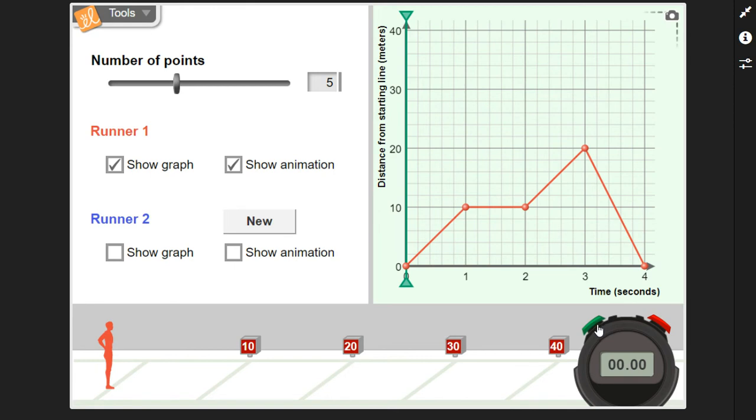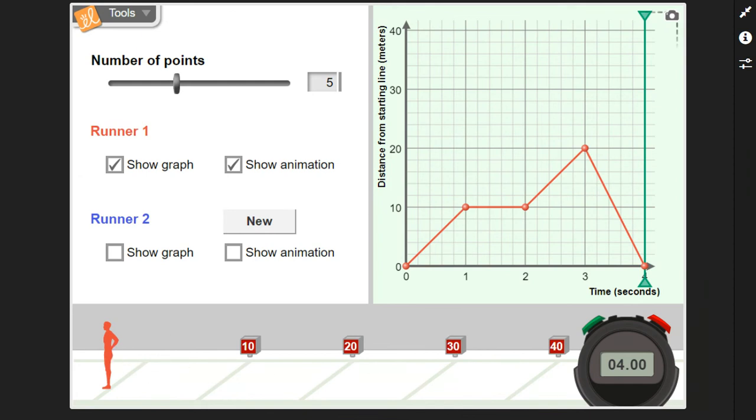So from 0 to 1, and then 1 to 2, what do we think is going to happen? 2 to 3, and then 3 to 4. So they run forward, stop, run forward again, and then they run backwards. So that line means run forward, stopped, run forward at constant speed, and then when they got to the 20-meter mark, they ran backwards to the starting line. We'll play it one more time. So that is what the distance-time graph means in relation to what the red runner is doing.